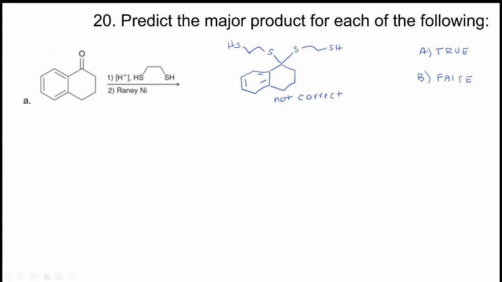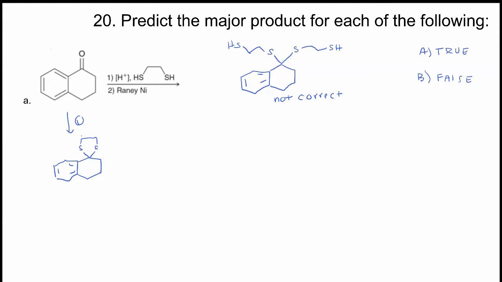If we are to do this reaction, this is a two-step one. In the first step, we add the sulfur group. If both of your sulfur groups are within the same molecule, we're going to get a cyclic thioacetal. So one of the sulfurs comes over, this is the other sulfur. So you'll get this structure.